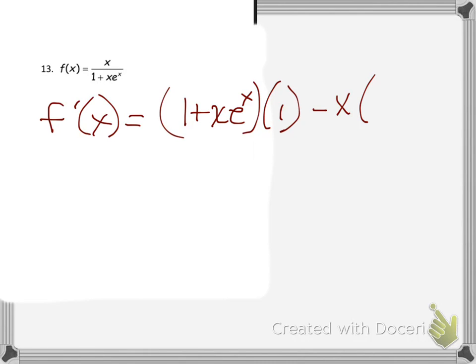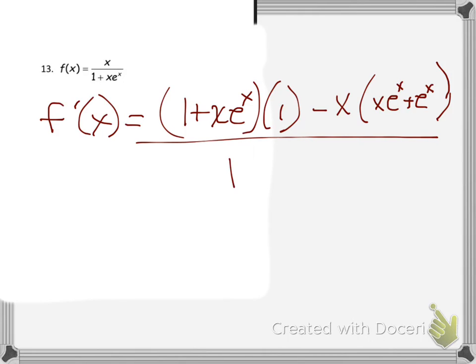So the derivative of 1 is 0, and then we have the little product rule, don't we? So I'm going to say, let's see, left, d right, plus right, and d left is 1. Okay, that's my whole numerator, all over 1 plus x e to the x squared.